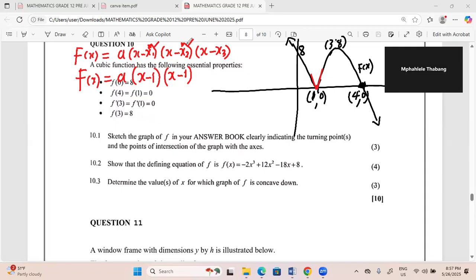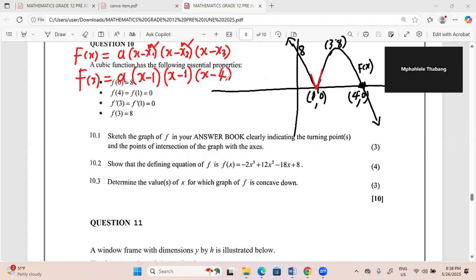Whenever you see an x-intercept which is also the turning point, you substitute it twice. On x1, you say 1. On x2, you say 1. So now you say x minus, what is my x3? It's my x-intercept, which is 4.